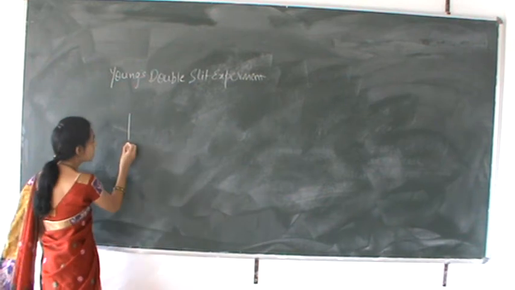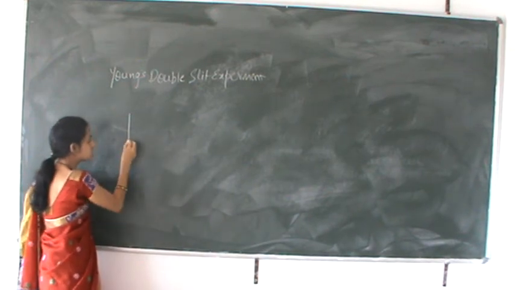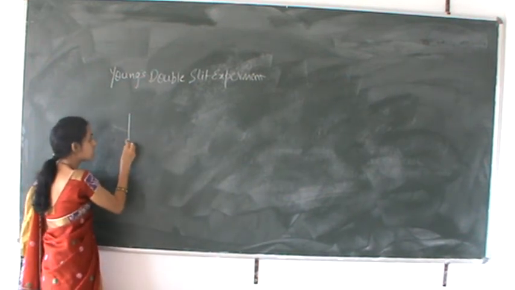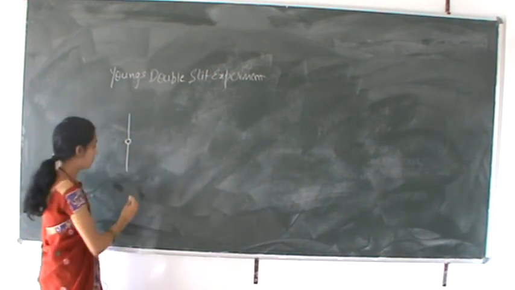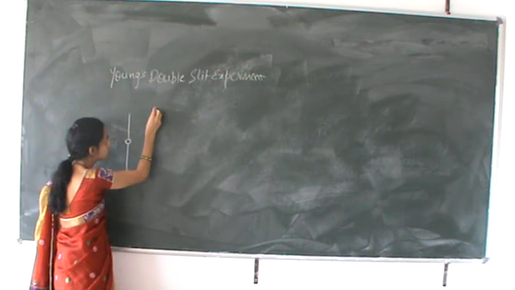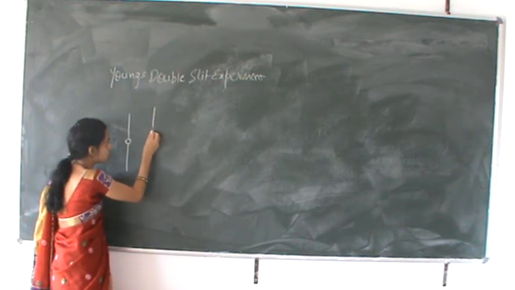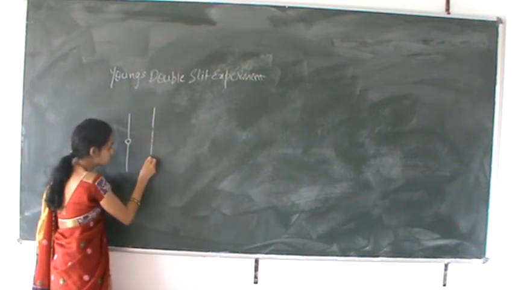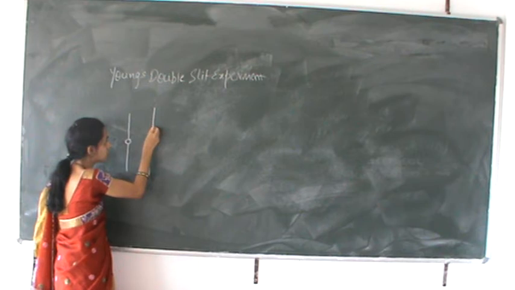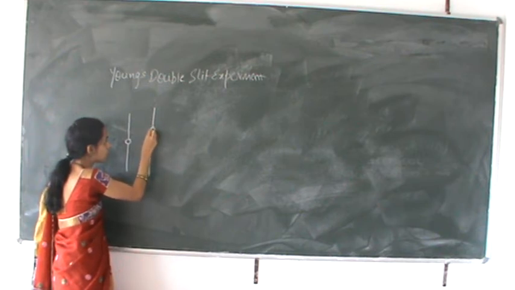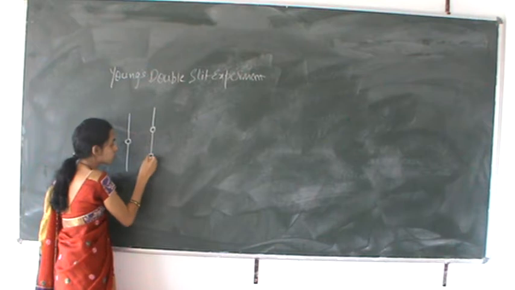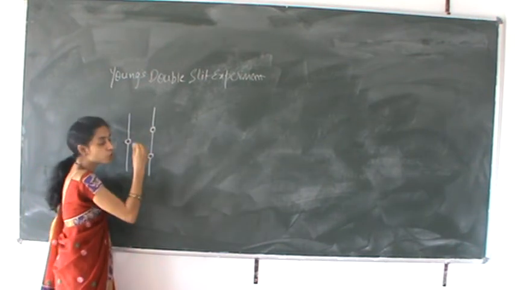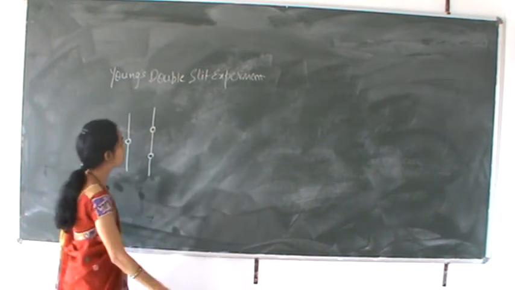In this experiment, the source of light was sunlight. There is a cardboard sheet with a pinhole. After a certain distance, one more sheet was considered with two pinholes. These two pinholes act as two coherent sources.